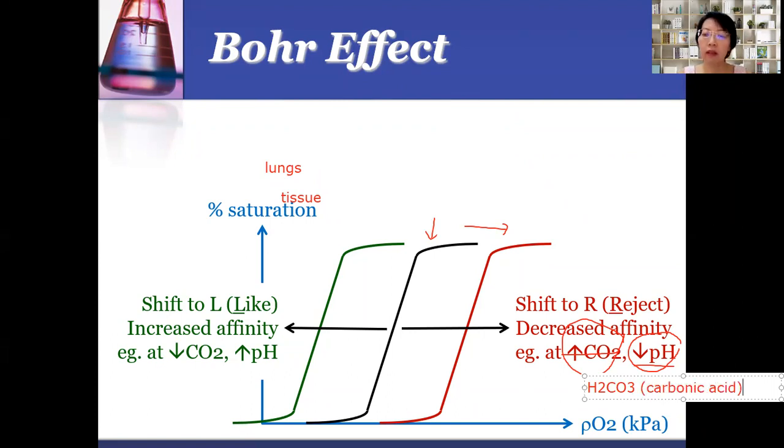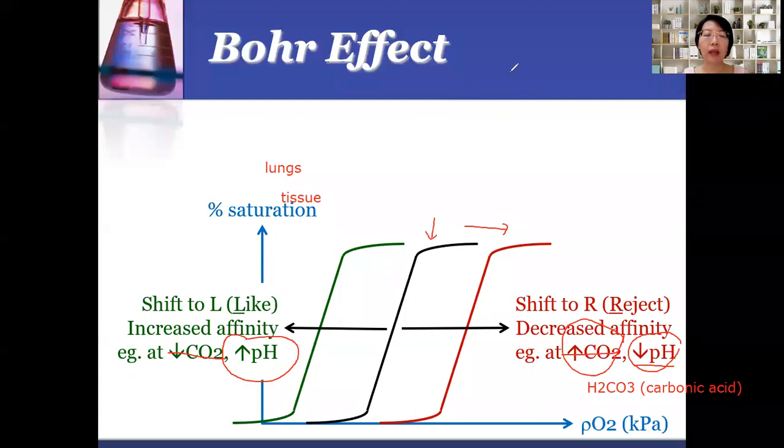Carbonic acid. It's the same, isn't it? So instead of giving you CO2, I can give you a change in pH. Okay, same thing here. Low CO2, so pH is higher. So I can give you higher pH. In a region of the body when pH is higher, what happened to my oxygen dissociation curve?